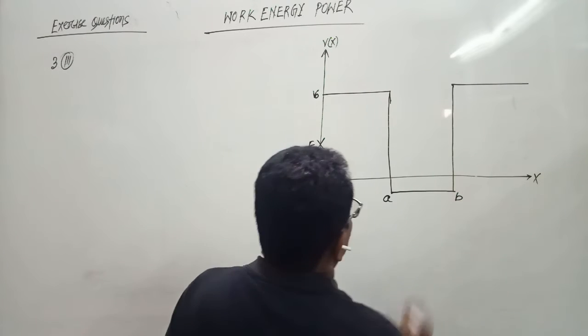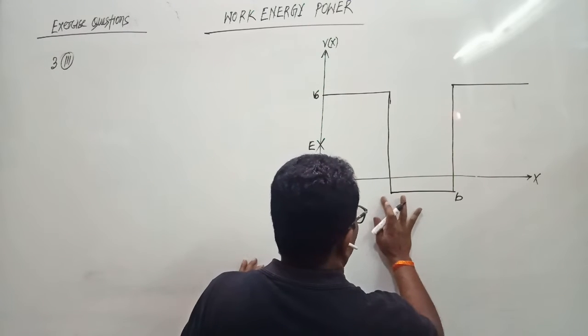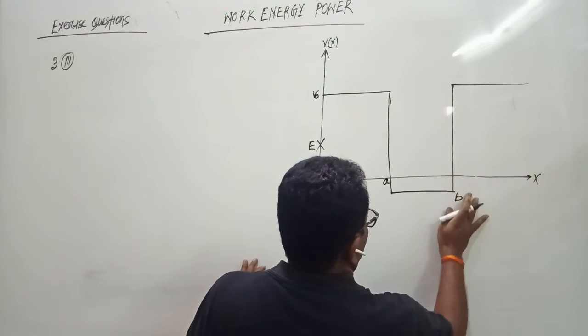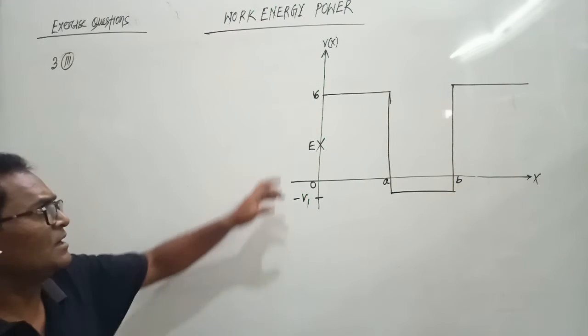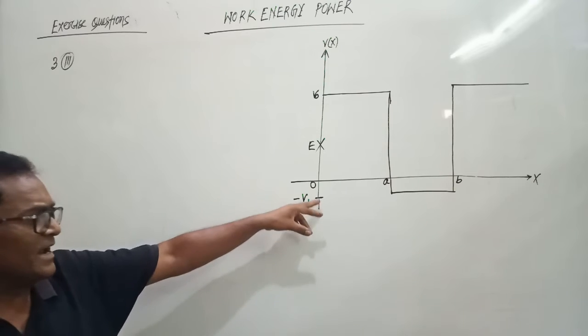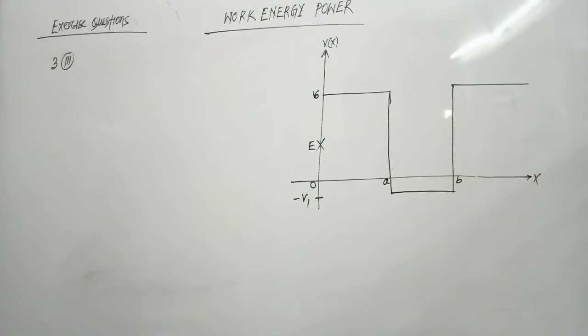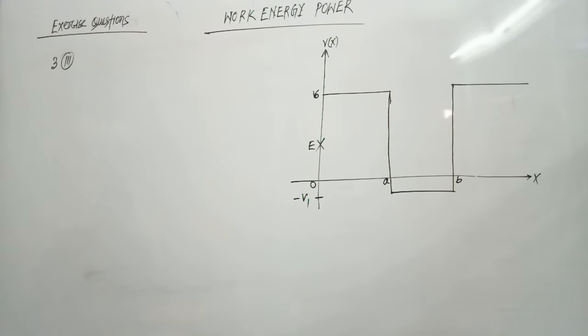These are two points A and B, with point A in the region and point B in the region.